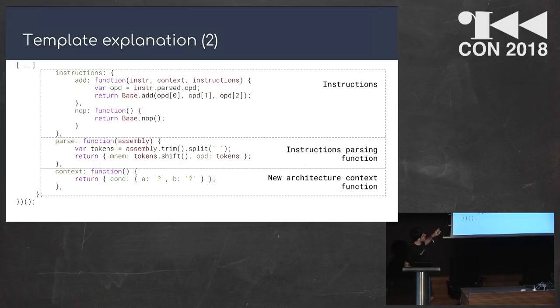Then you have the parser one. Parser is the command that is used to parse the assembly code. Usually you will have a string which says, for example, add rux 10.